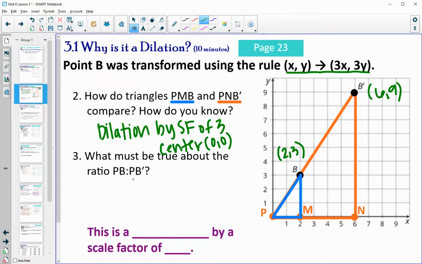So then what must be true to the ratio of PB to PB prime? Okay, so comparing PB to PB prime. So must be in a 1:3 ratio because PB is coming from the smaller triangle and the bigger triangle is 3 times bigger. So this is a dilation, like we said, by a scale factor of 3, center, point P.